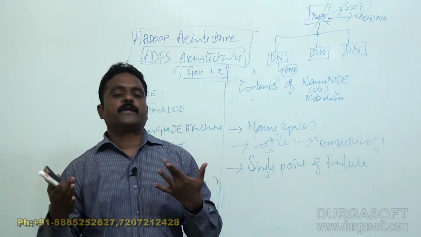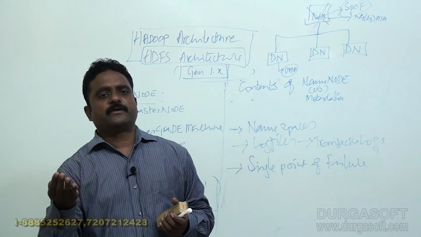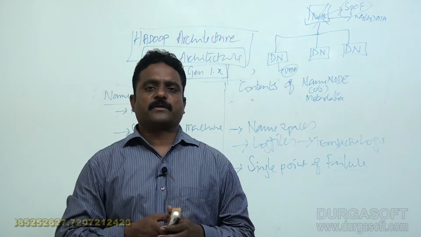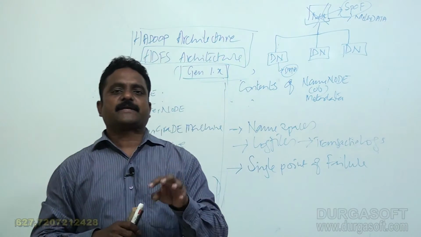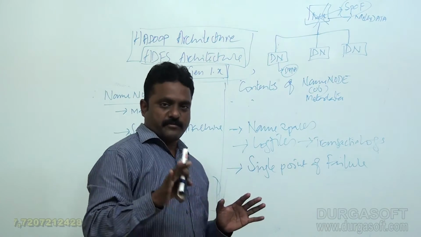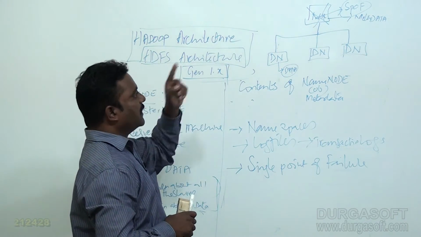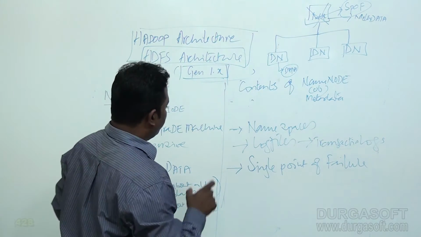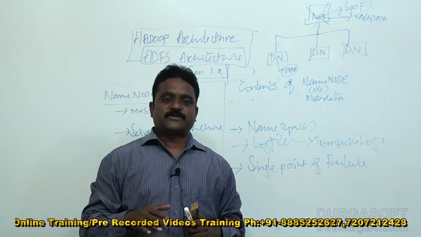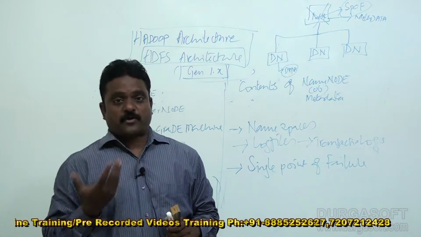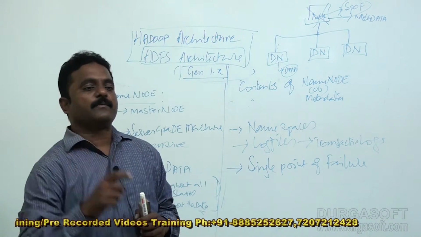A name node can fail due to power failure, or due to a network problem, or the entire system goes down. There are certain things that contribute to the failure of a system, but in a production environment we don't have to be worried about the name node failing, but we call it a single point of failure. To overcome this problem, in this version of Hadoop we have something called high availability.